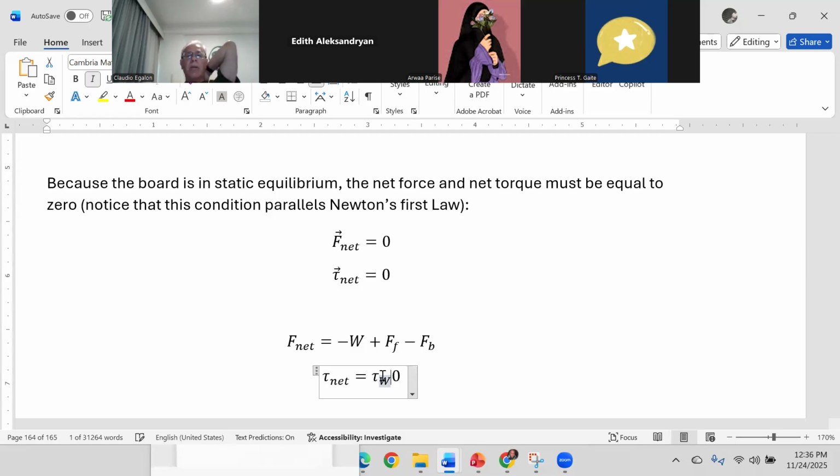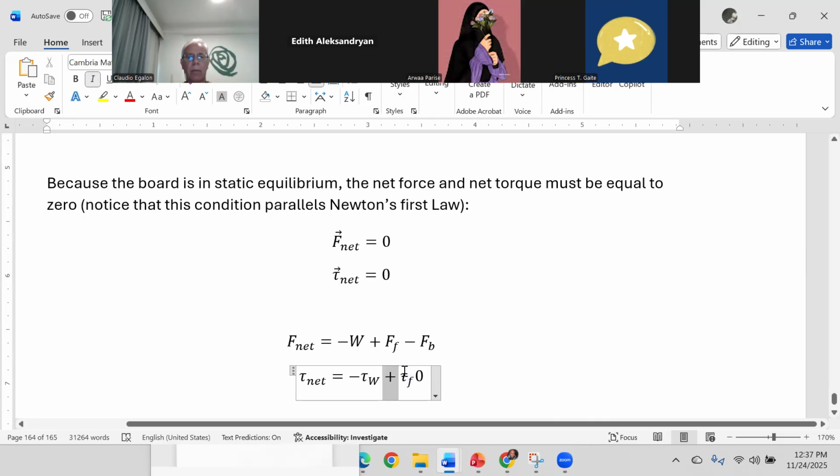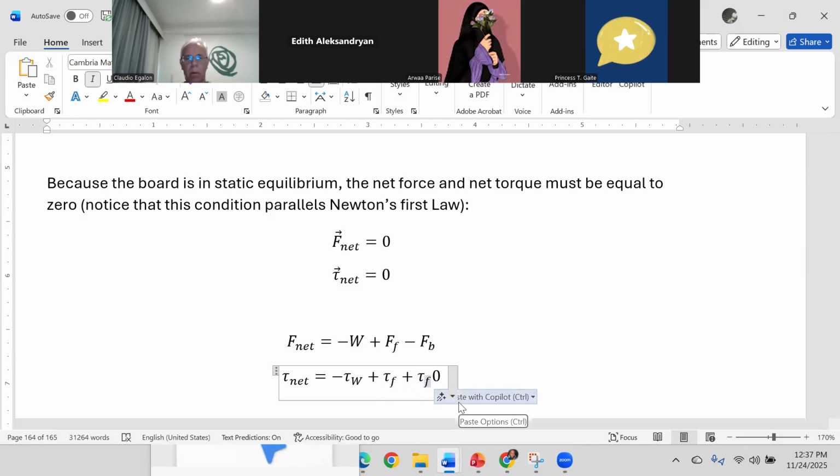The torque of the weight is clockwise, so let's put a negative sign here. Then the torque of the fulcrum, and we also have the torque of the boat.